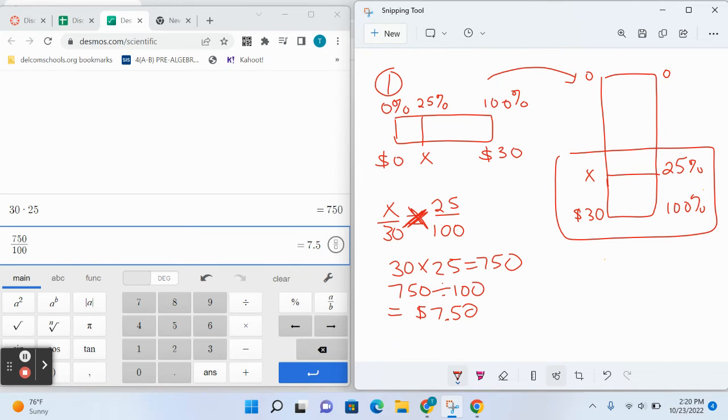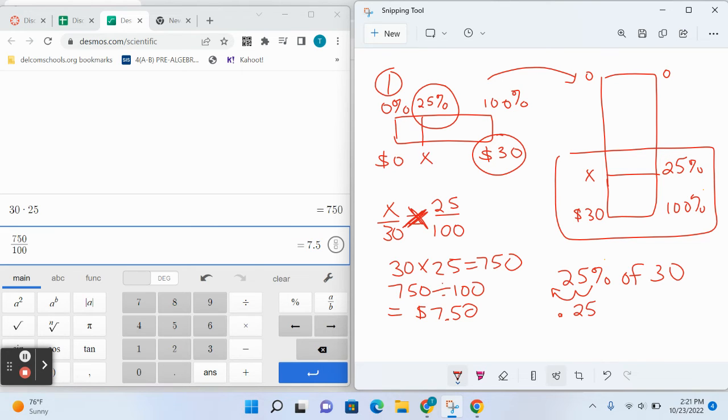Think about the rectangle, think about part over whole equals percent over 100, and then solve that proportion. The shortcut we also talked about was to find 25% of 30. If you use that trick, you just need to change that percentage into a decimal.